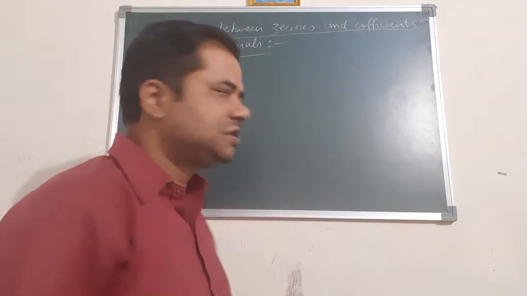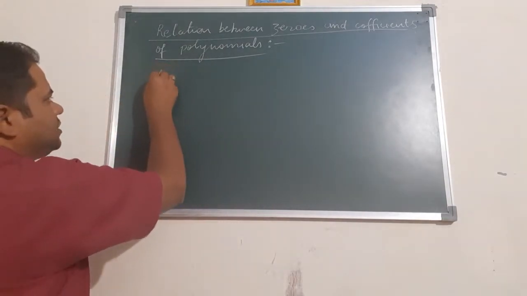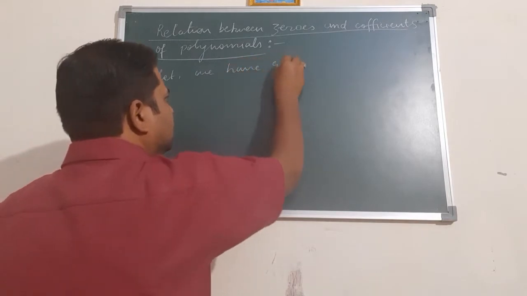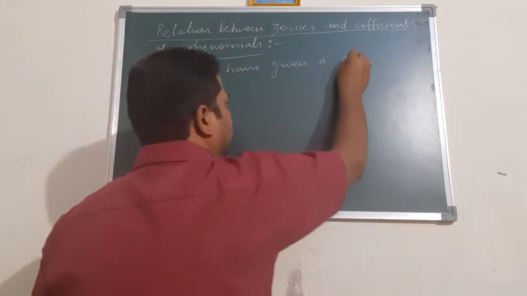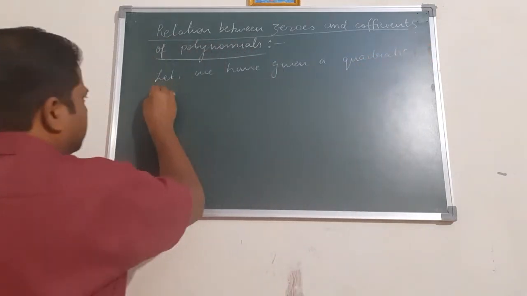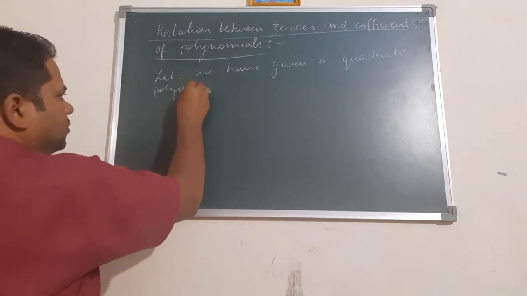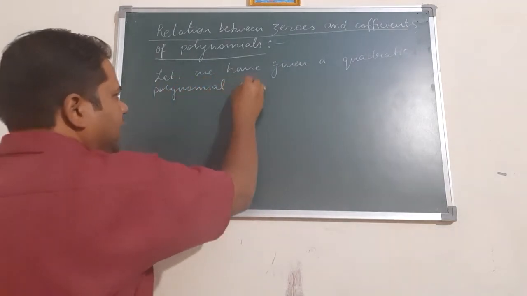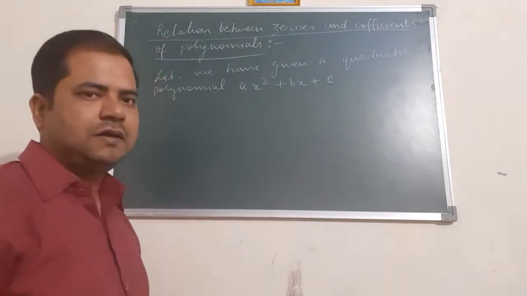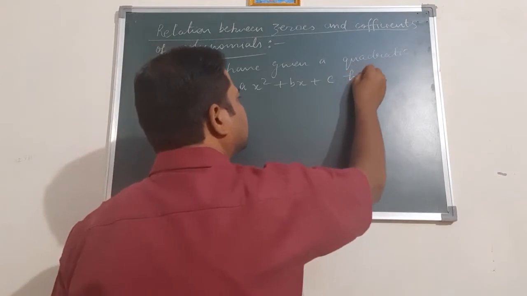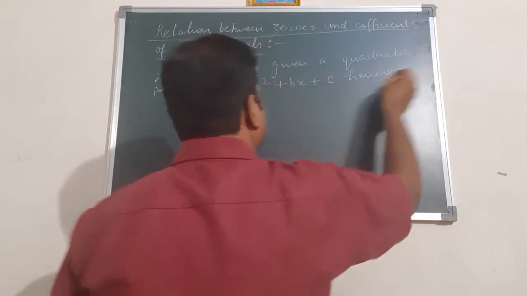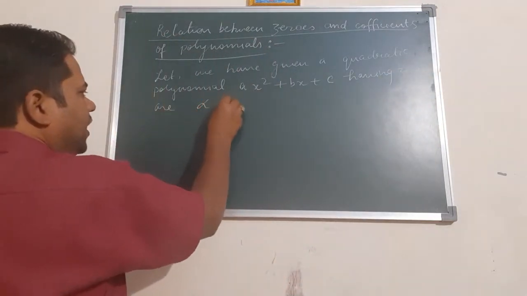So first of all, we discuss the quadratic polynomial. Let us say we have a quadratic polynomial ax square plus bx plus c, having zeros alpha and beta.